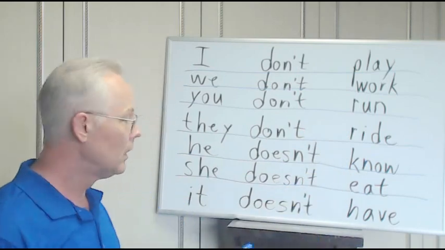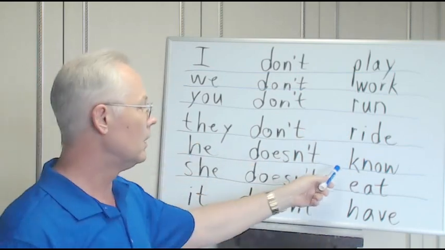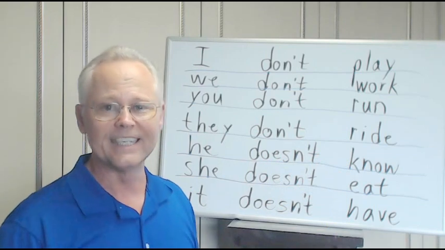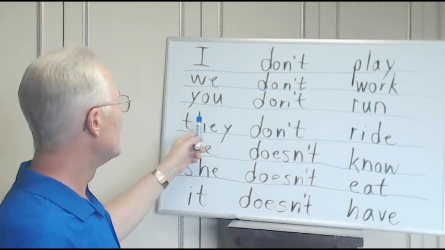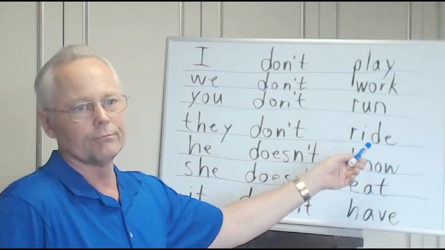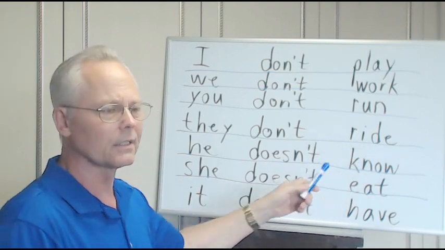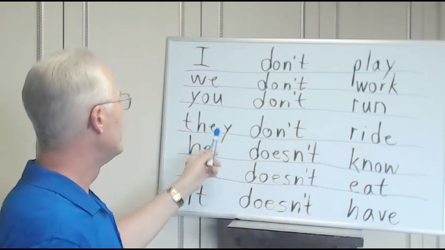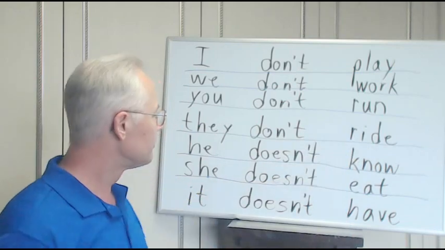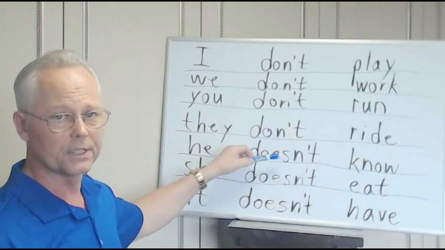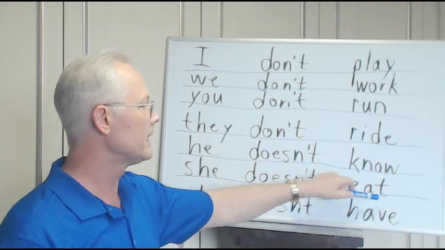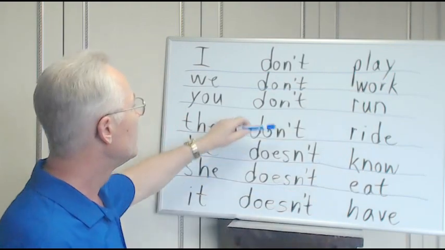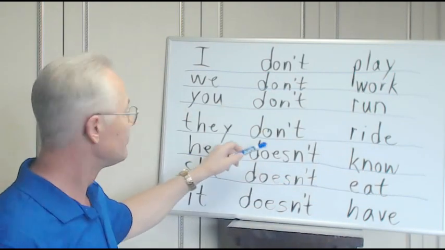Now if we were to say he don't know, bad grammar, it doesn't work. They doesn't ride bicycles? No. They don't ride bicycles. So that's the big difference here when we're talking about the negative.